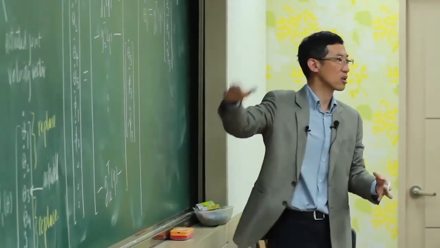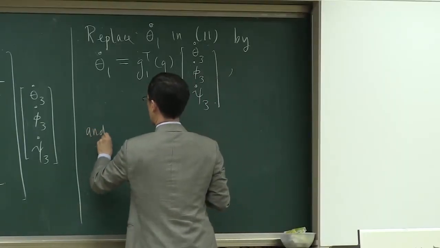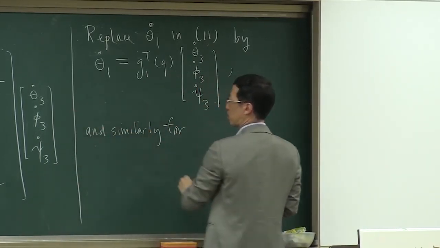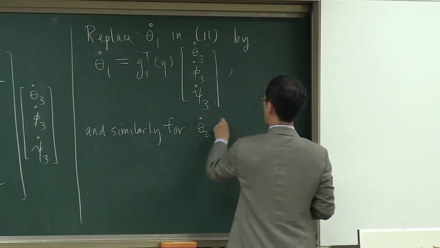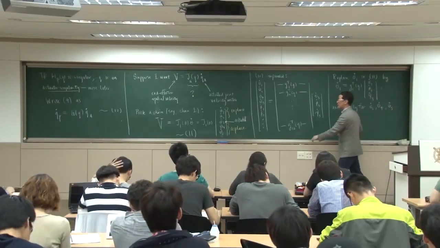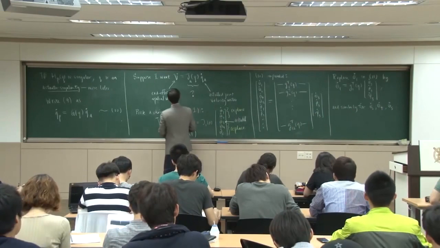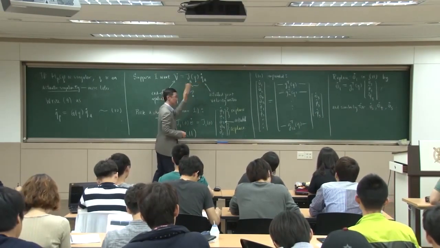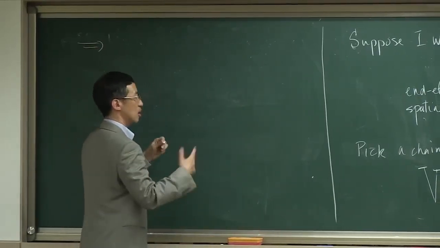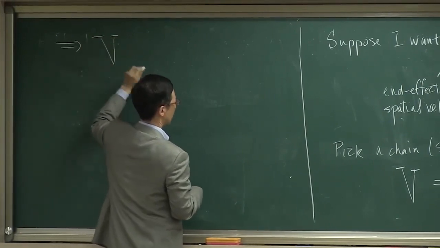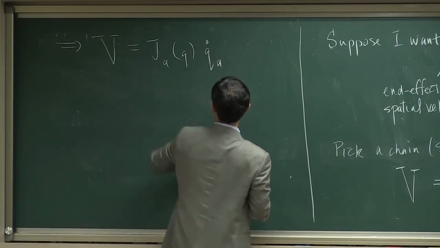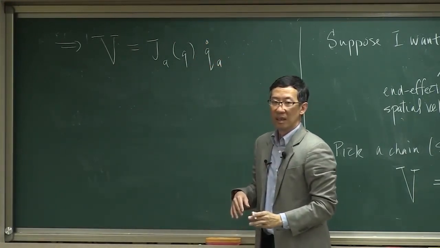And similarly for the other remaining joints, theta 2 dot, theta 4 dot, theta 5 dot. If you do that, then you get this. So replace all that, then you can finally get the result V equals J sub A of Q times QA dot.